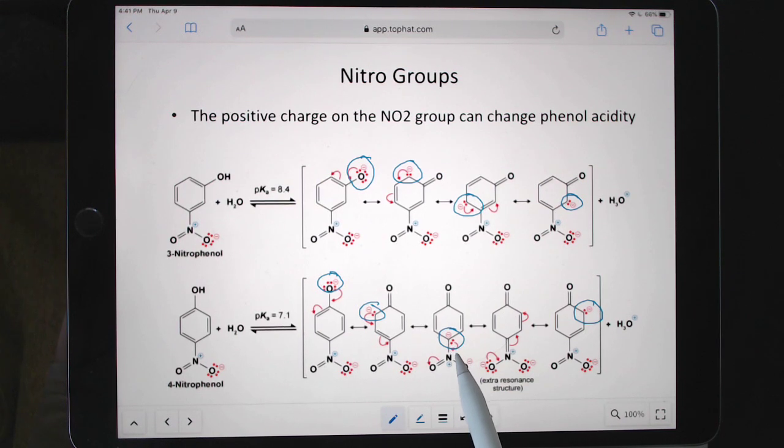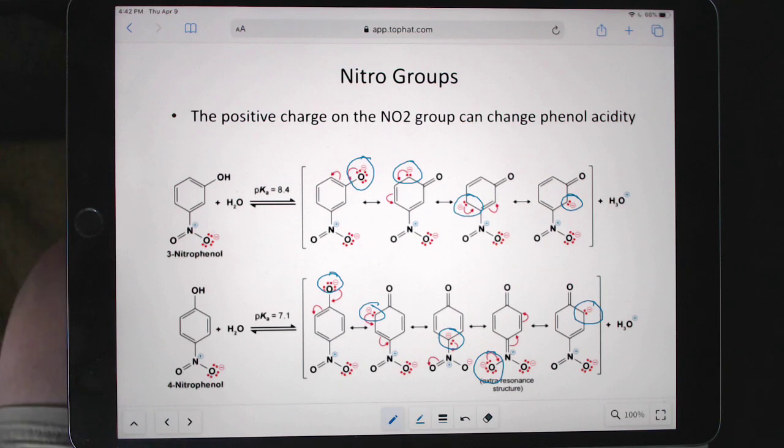These can come down and make another resonance structure where they collapse to make a new bond, and nitrogen can only have 4 bonds, so we push these electrons up onto that oxygen and have an additional resonance structure. Since we have an additional resonance structure, that makes it even more acidic by 10-fold. So for things like nitro, not only having it on there makes it more acidic, but having it in the correct position so it can help out more will also make things more acidic.